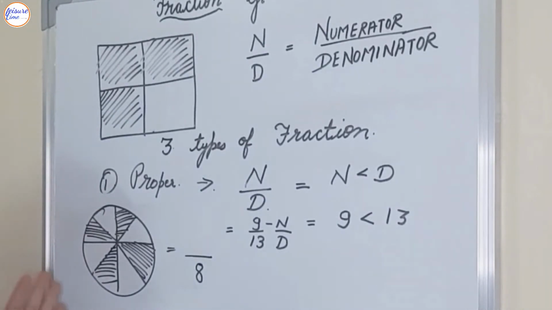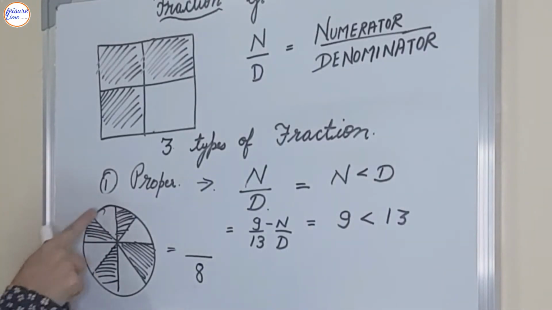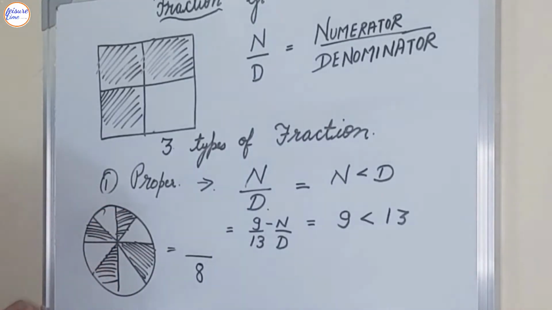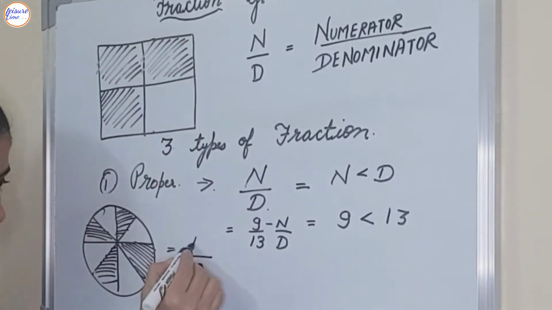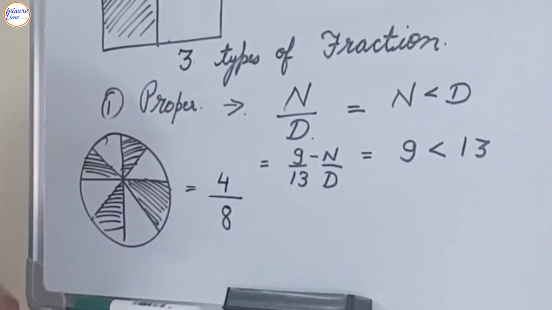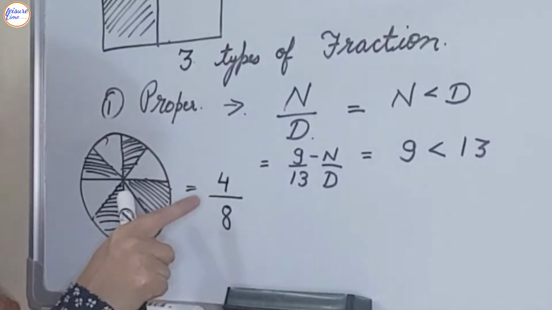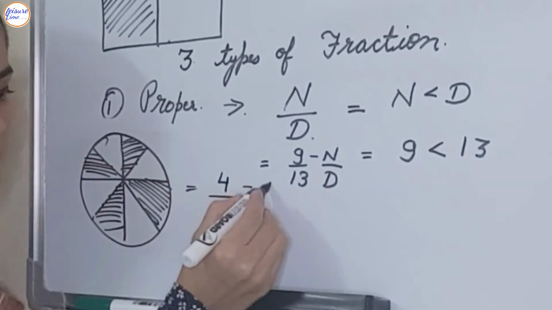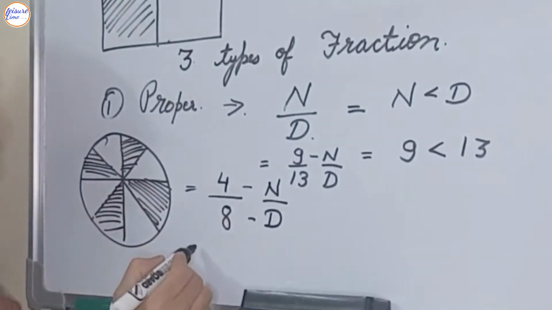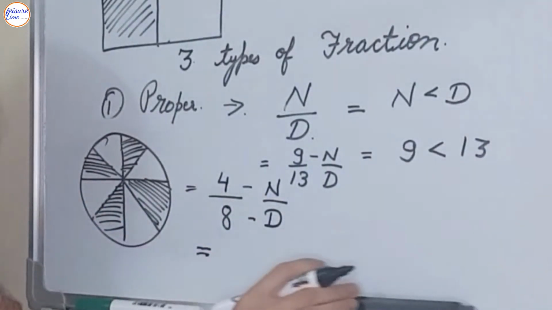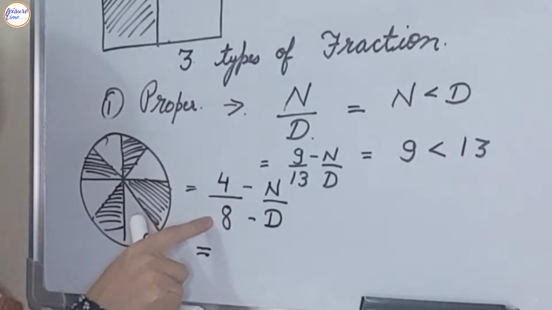Okay, next, now see, I fill these parts. So let's know how many parts I fill in this circle or whole. So how many parts I filled? 1, 2, 3, 4. How many parts I filled? 4 parts, which is equal number of parts, which is known as numerator. So here is 4. So 4 by 8. In this example, 4 is the numerator and 8 is the denominator. So let me know which number is greater.